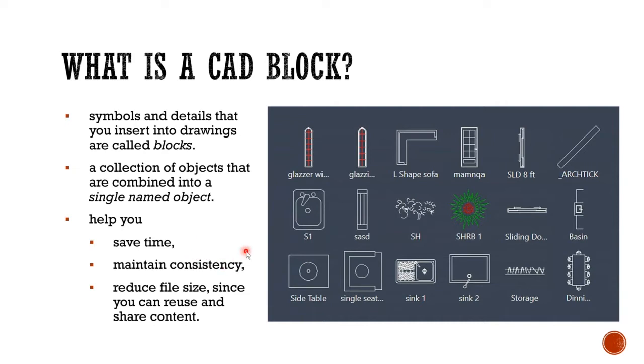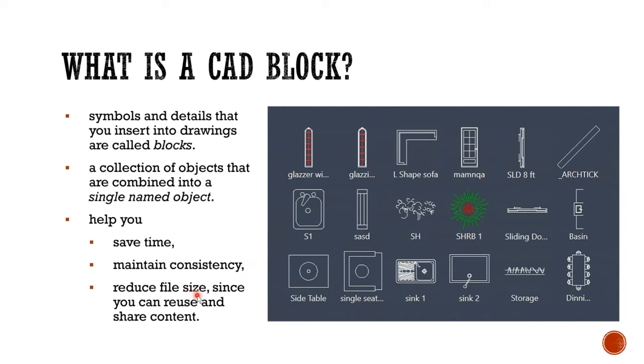Because it's going to be the same detail, you're not going to miss any details, because sometimes when you're copying things, you might miss some small minute detail, or you might add some details to it when you're copying it. When you're having a very complicated drawing with too many elements, that might happen. So with a block, it maintains consistency, and then it reduces the file size.